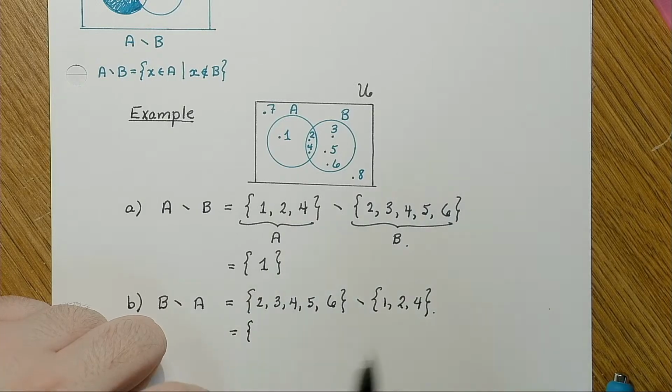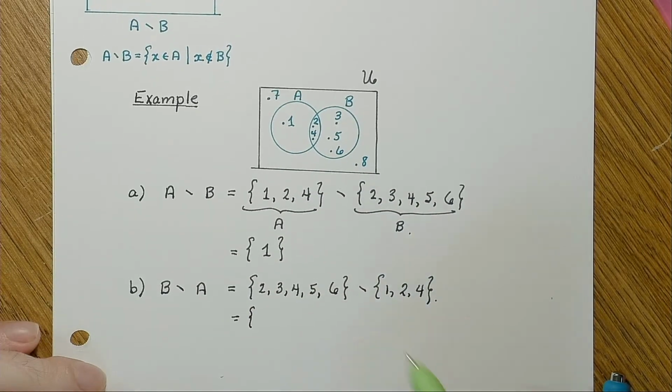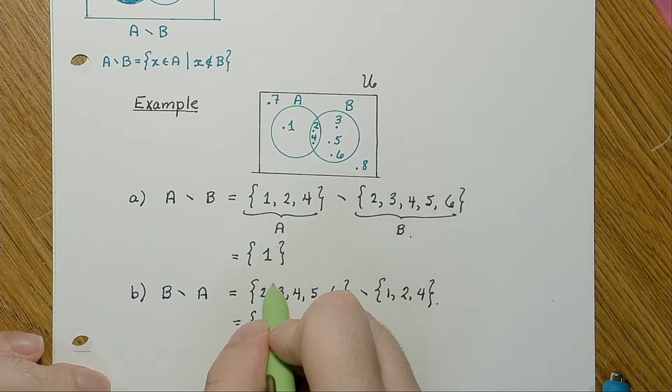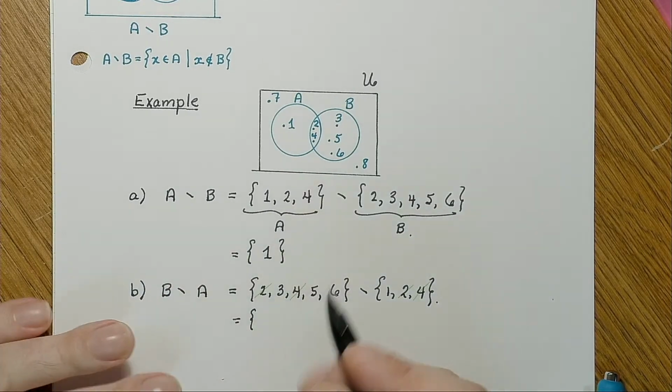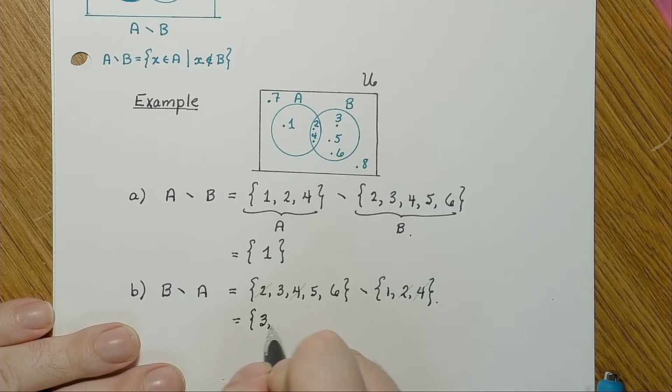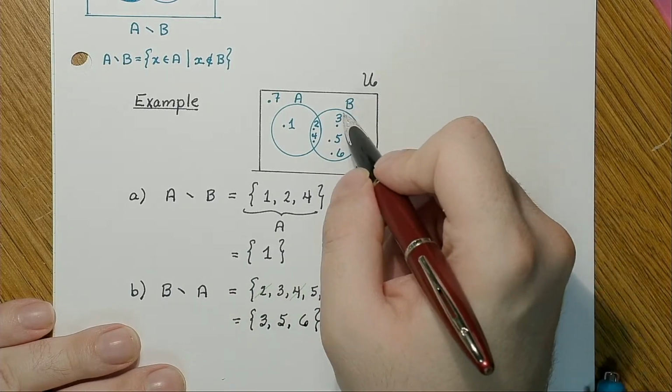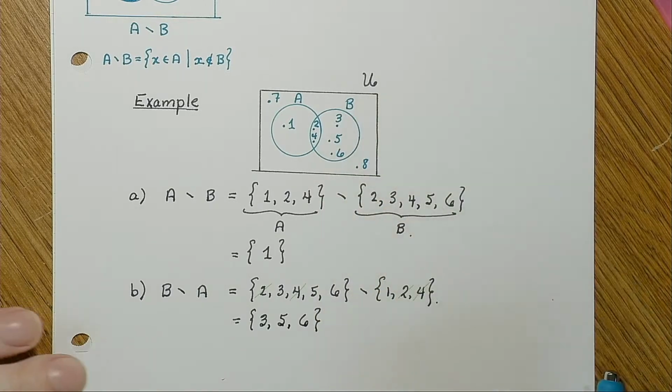So this will come in and take the 2. I also see that the 4 is going to be taken away. And the 1 isn't in B, so I don't have to worry about it. So what I'm left with is 3, 5, and 6. And we can see that visually right up here. So the 3, 5, and 6.